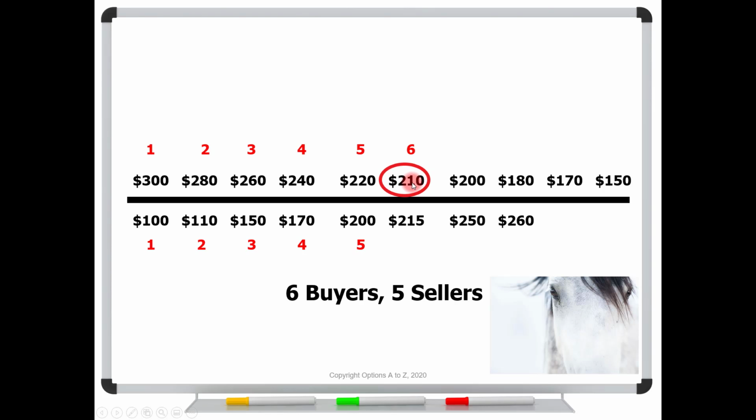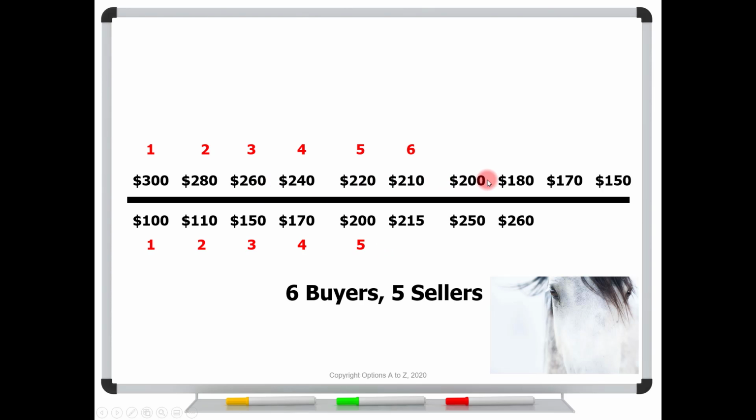If the price is down at 210, you can include me. So we get number 6. But we've knocked this guy out because he was only willing to sell for 215. And if the price is 210, he says, not going to sell. So now we're left with this guy selling at 200. So now the price is too high. So see, there's this back and forth motion until we find a price where we can balance the market.